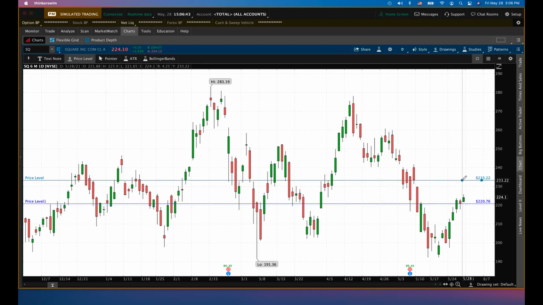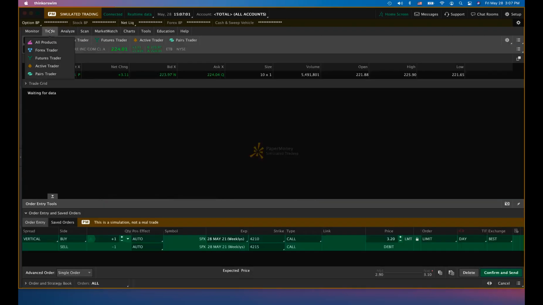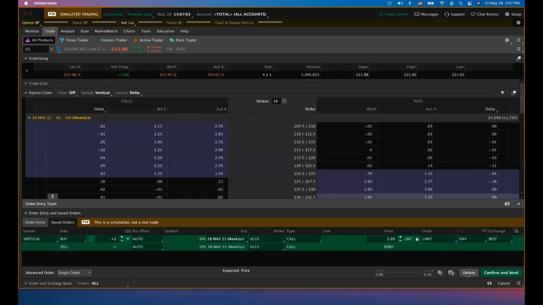So I'm thinking here that if you were going to do a call credit, when was this that you were thinking about that? Last week. And this would have been an expiration date of when? Two weeks away. Two weeks away. All right. So this might actually be a very good example here.